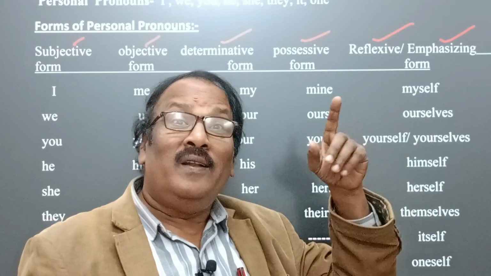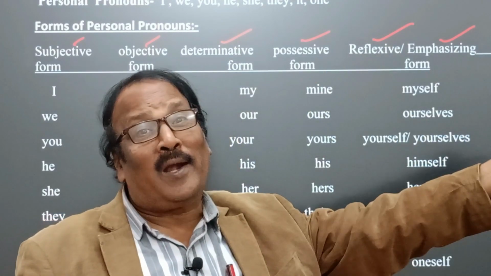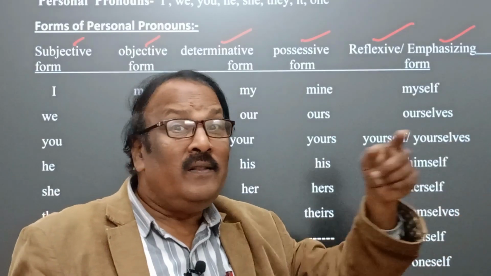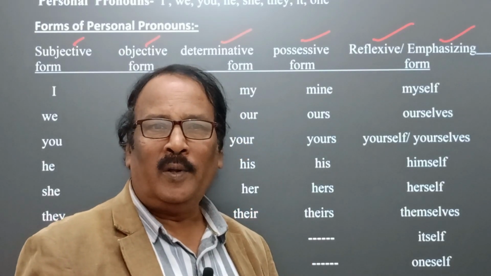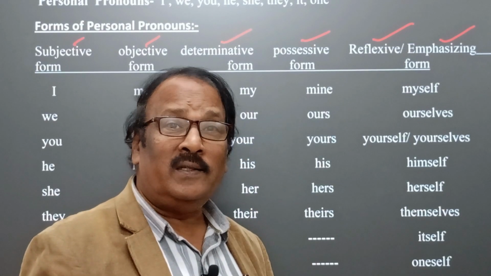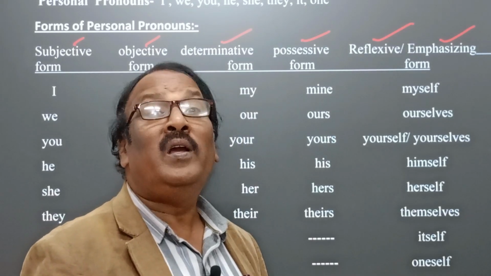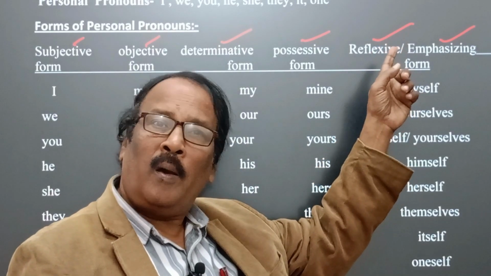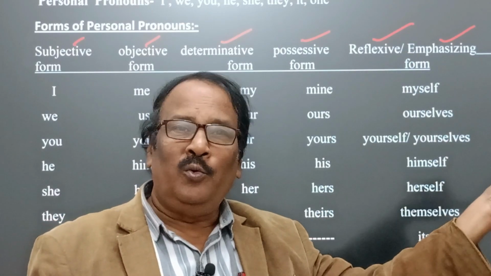Reflexive: whenever the self form of a personal pronoun reflects back to the noun at the beginning of the sentence, this is what we call reflexive form of personal pronoun. Rahul has repaired the bicycle himself. Here himself is the example of reflexive form of personal pronoun. It reflects back to Rahul.